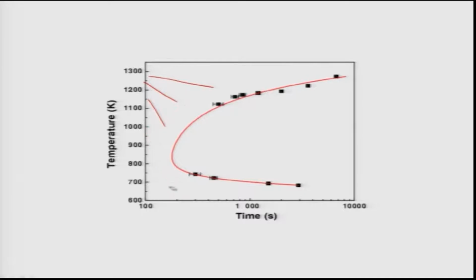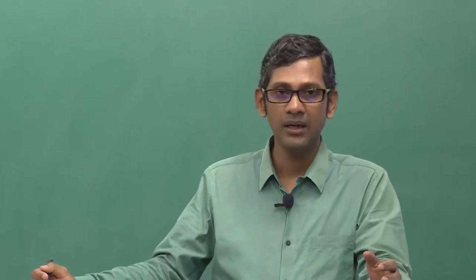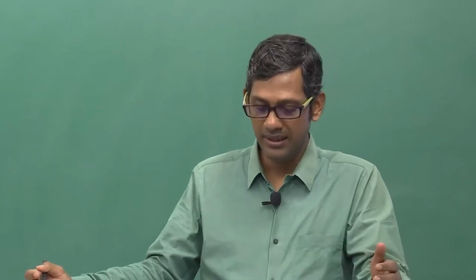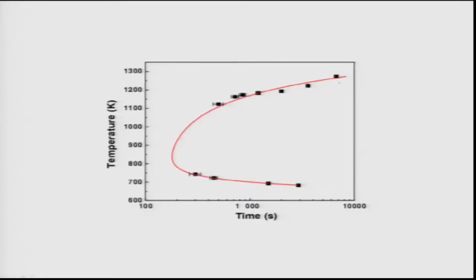But remember, how much transformation will happen from the gamma phase, for each of these phases, depends on how the transformation process takes place. A typical pearlitic transformation, which is a diffusion controlled transformation, involves both nucleation and growth as distinct steps. The transformation will look like a C curve. Why? It is very easy to understand why it looks like a C curve.